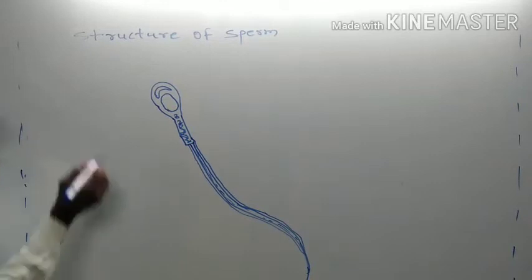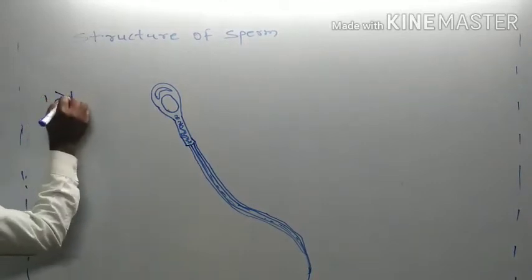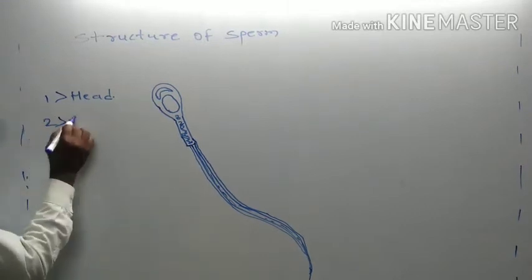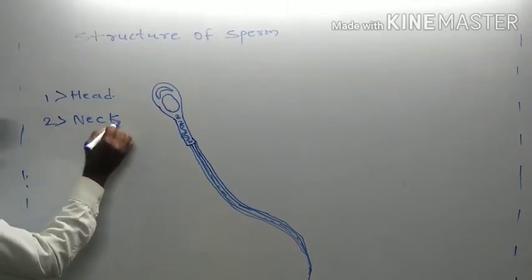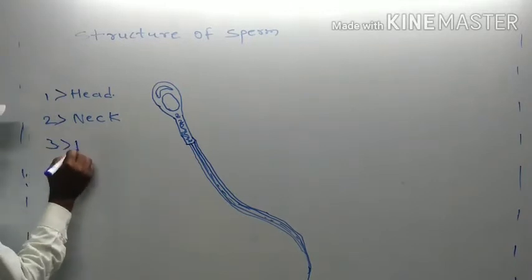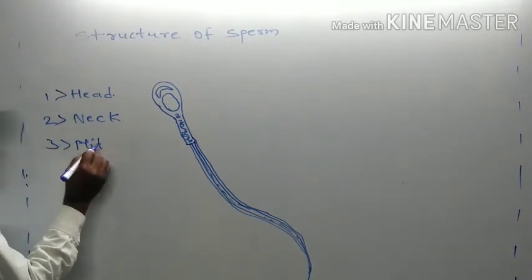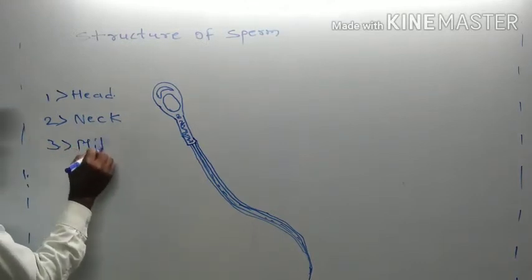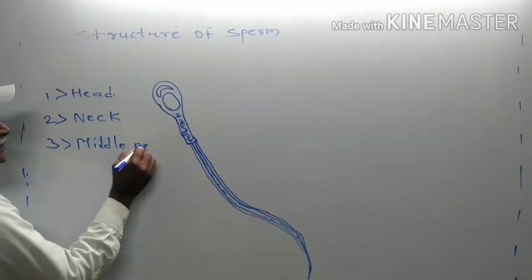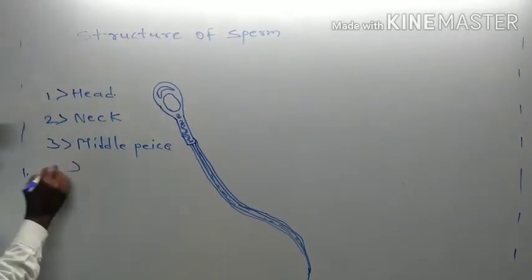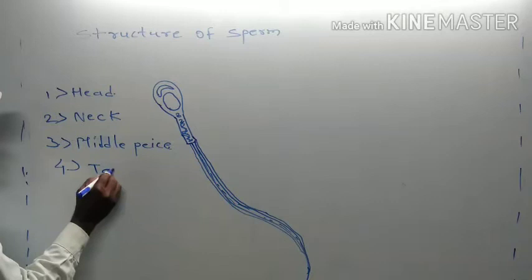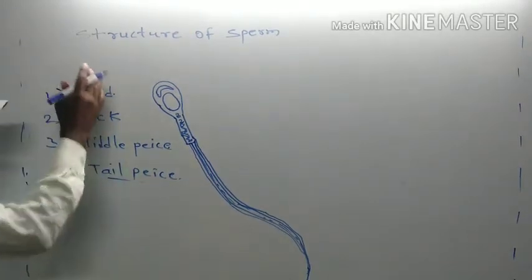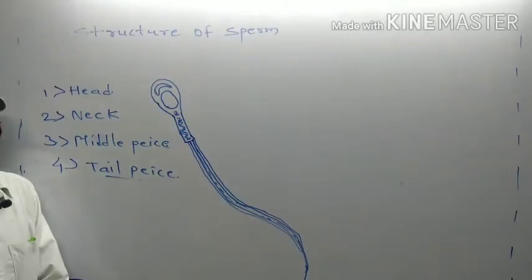First is the head region, then second is the neck, third one is mitochondria, which is also called the middle piece, then fourth one is the tail piece. So like this, the sperm is divided into four parts.